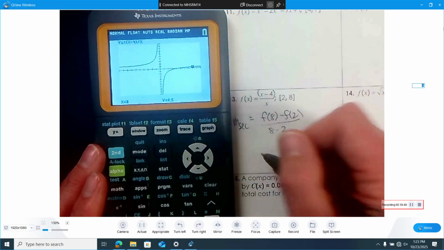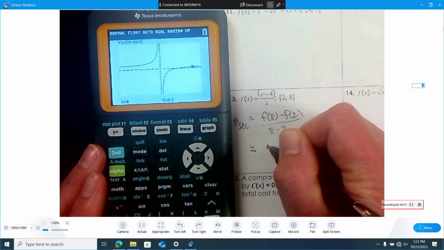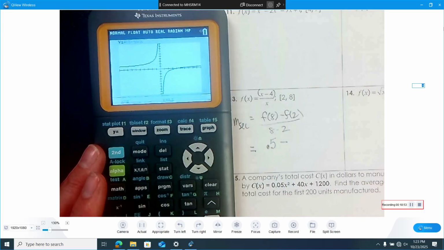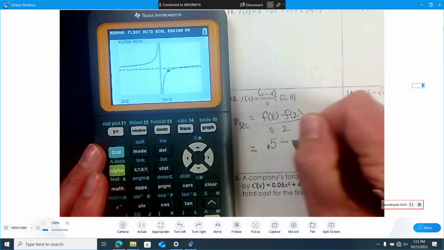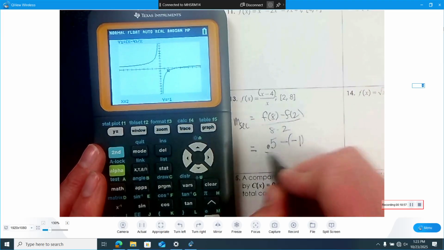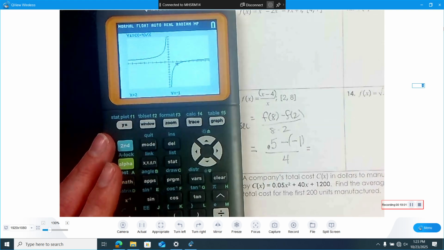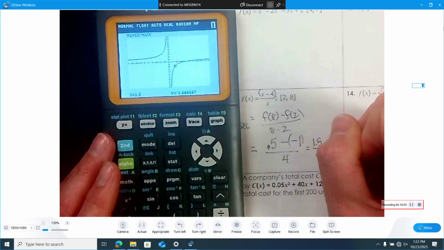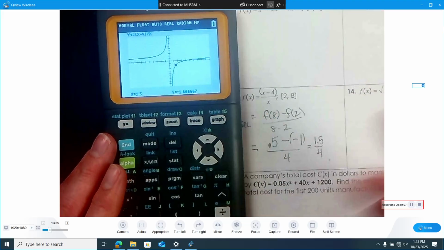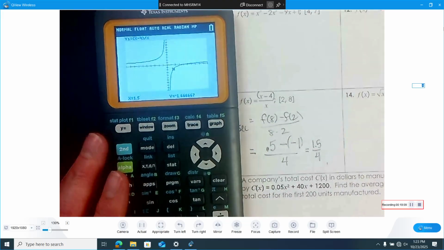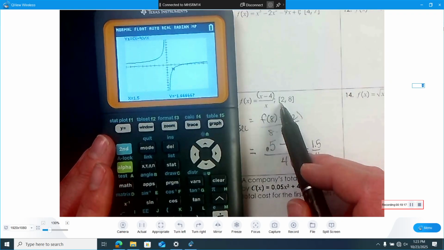8 gives me 0.5. And 2 outputs a negative 1. And so I have 0.5 plus 1, which is 1.5 over 4. Can you leave an answer, 1.5 over 4? 8 minus 2?